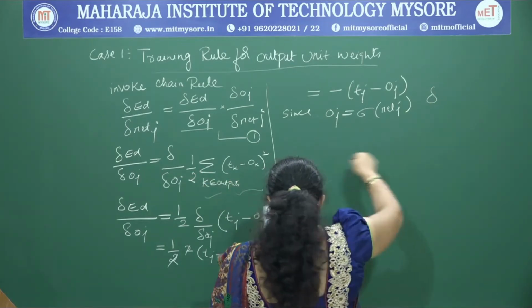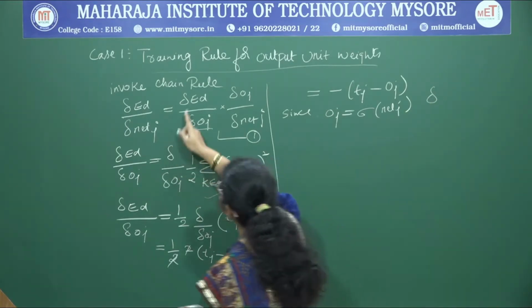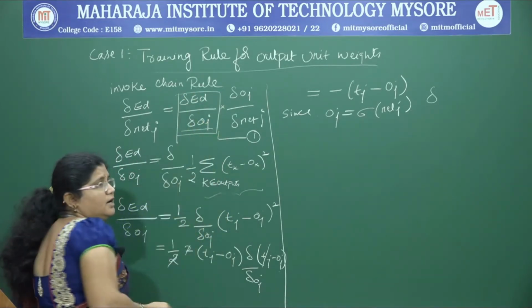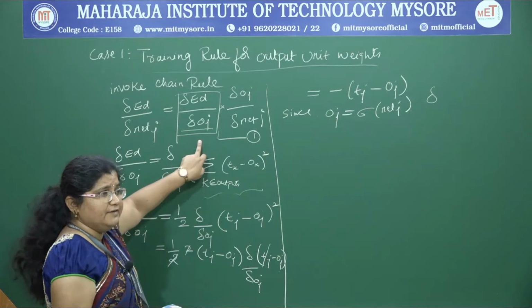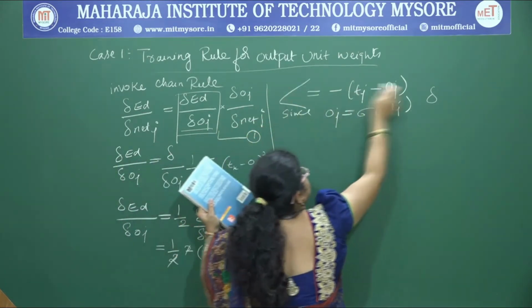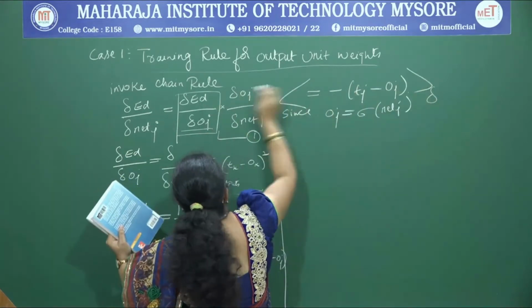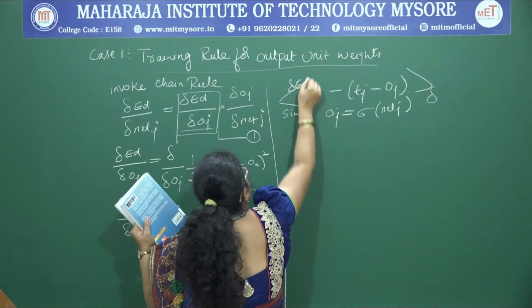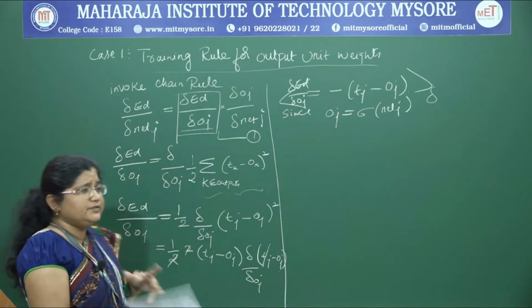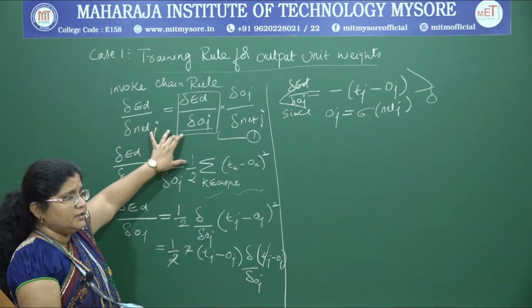First we have made a derivative of the first term, and we have got the result, this particular part. This is delta Ed by delta Oj. This is the first part of this equation we have got.